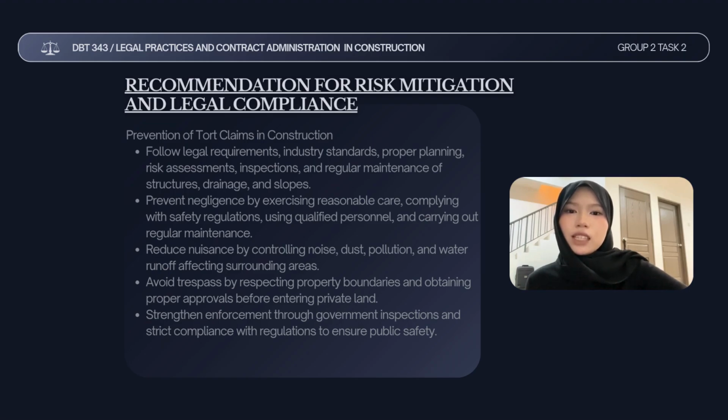Reduce nuisance by controlling noise, dust, pollution and water runoff affecting surrounding areas. Avoid trespass by respecting property boundaries and obtaining proper approvals before entering private land. Strengthen enforcement through government inspection and strict compliance with regulation.